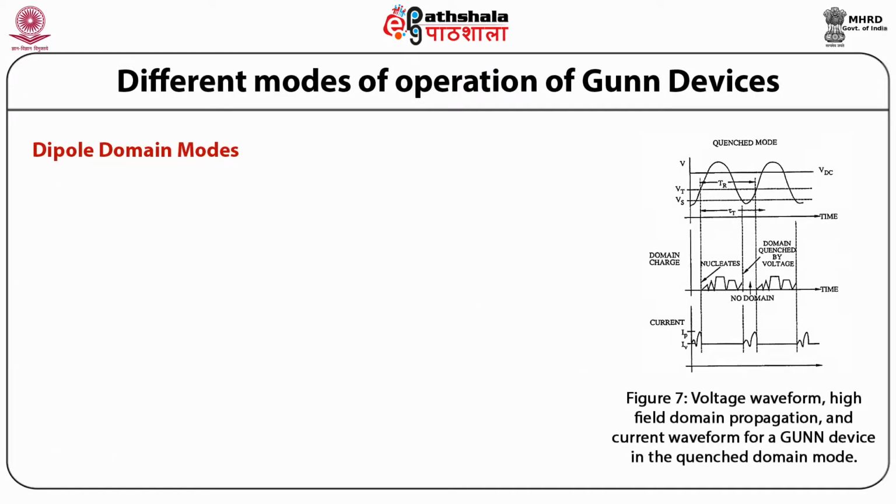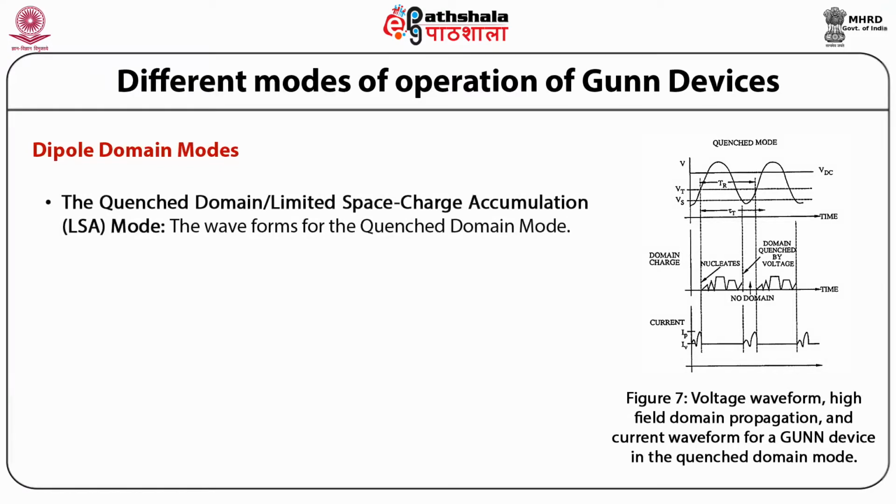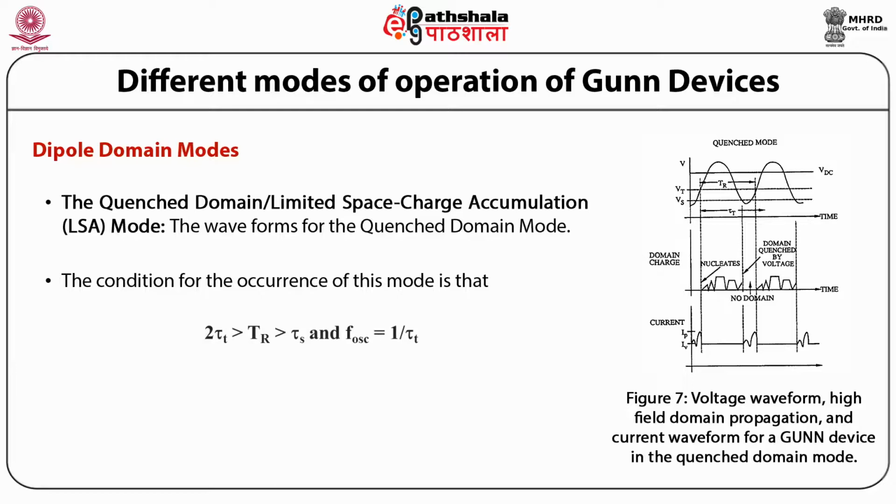Let us now discuss another domain mode, that is the quenched domain, limited space charge accumulation, LSA mode. The waveforms for the quenched domain mode are shown in this figure, and the condition for the occurrence of this mode is that 2 tau t is greater than Tr is greater than tau s and F oscillation equal to 1 by tau t.